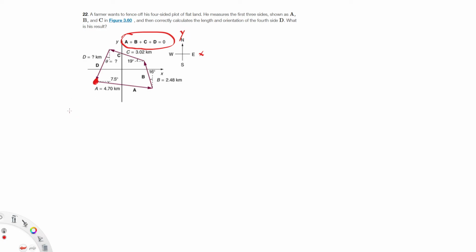All right, so let's break down these vectors. What does the component form of A look like? For A here, the angle we're given, this 7.5, we would make an X leg and a Y leg. The X leg is adjacent to this angle, so that'll be cosine.